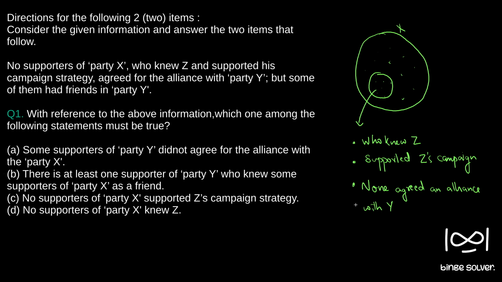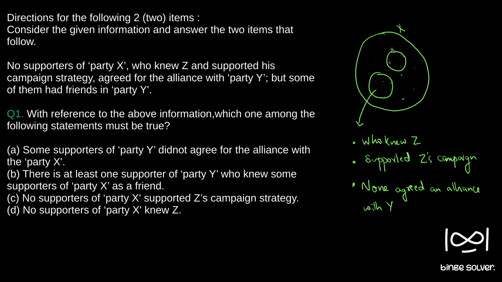And it is also said some of them had friends in party Y. So when we say some of them, it only means supporters of party X. It does not mean people inside this subset. It could be, it could not. So we will take up a general case.